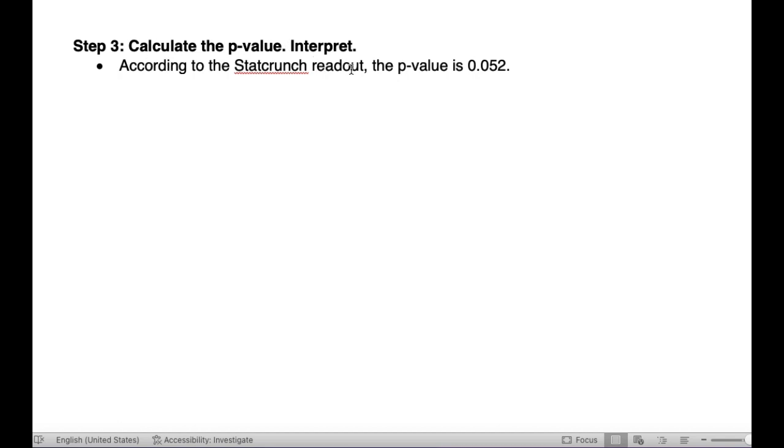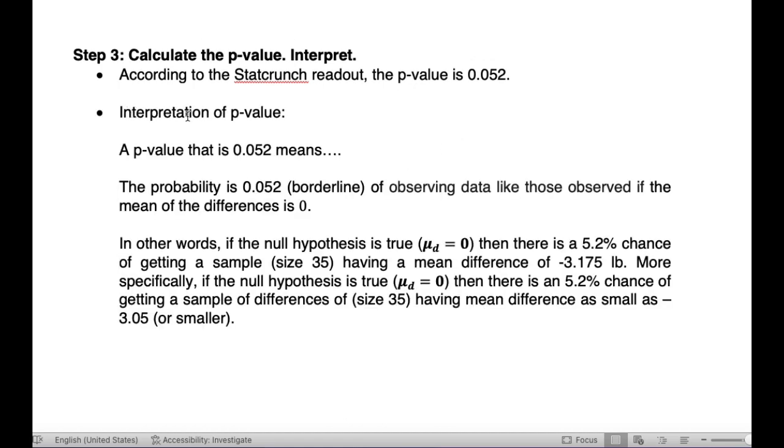Recall that step 3 is where we calculate the p-value. According to the StatCrunch readout, the p-value we got was 0.052. Let's interpret the p-value. A p-value of 52 thousandths means the probability, which is pretty borderline, of observing data like those observed if the mean of the differences is really 0.